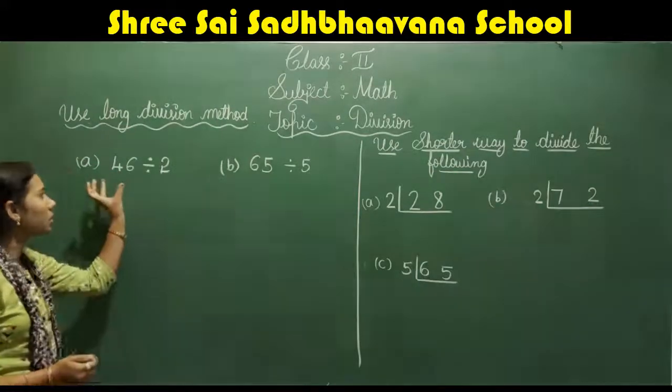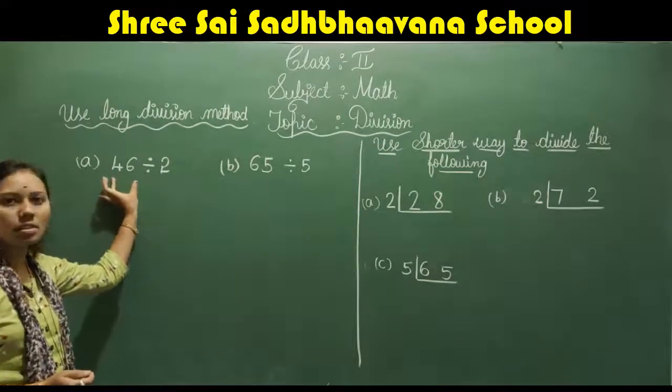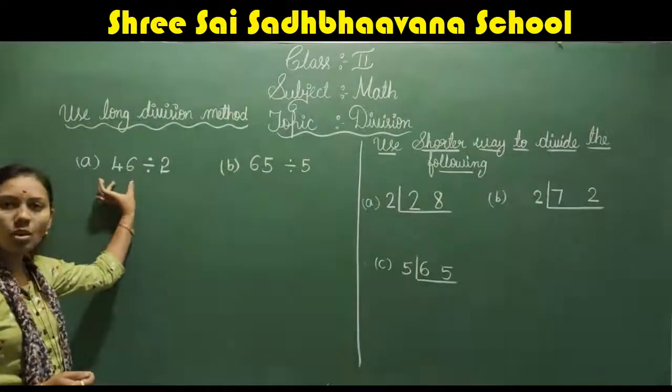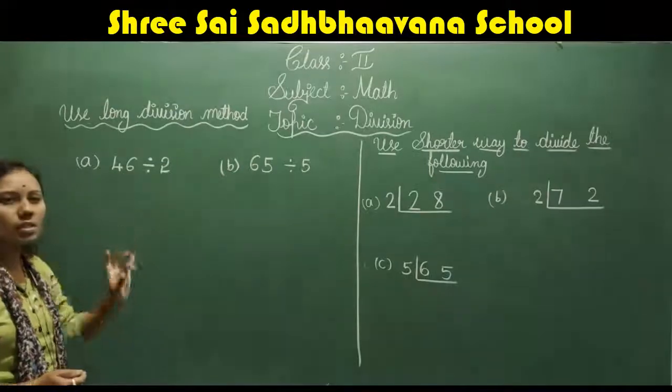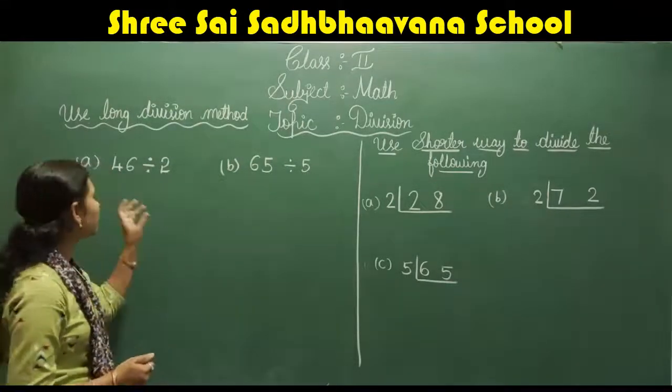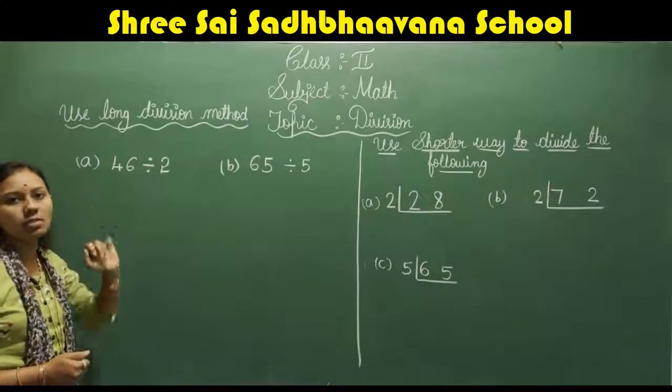Okay, see children, here 46 is the dividend, right? This 46 is called the dividend and 2 is the divisor. Yes, 4 tens, 6 ones.